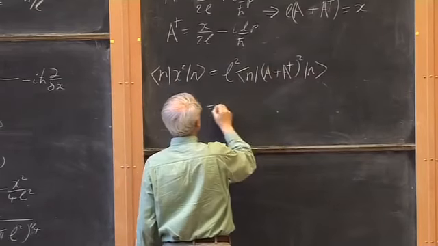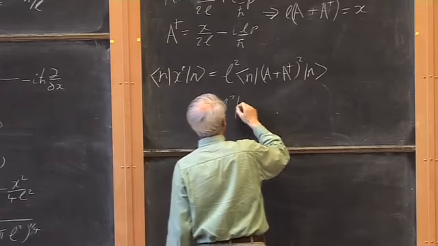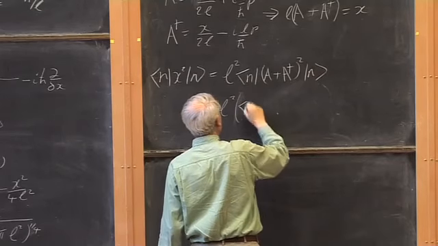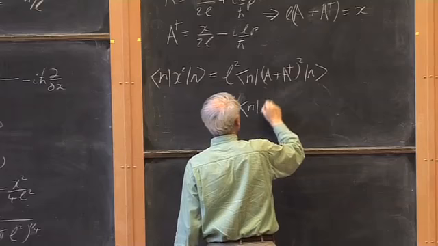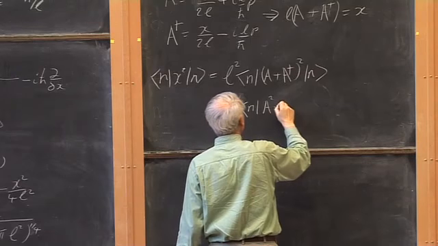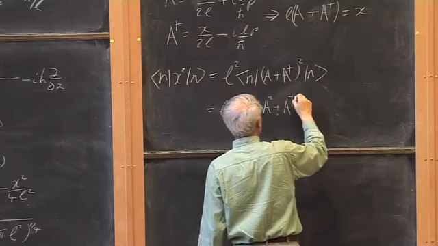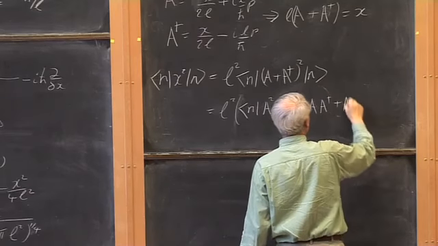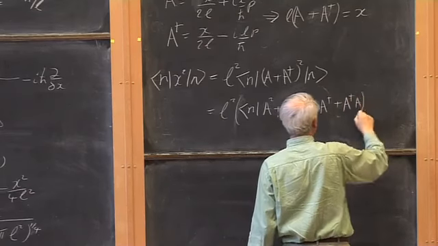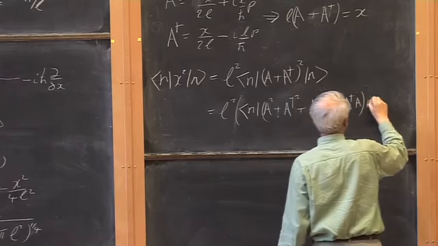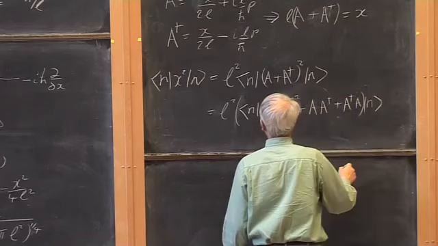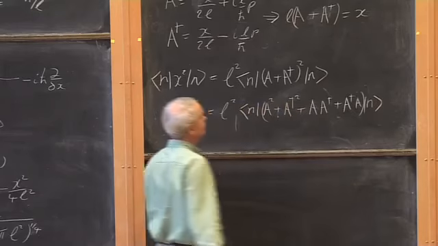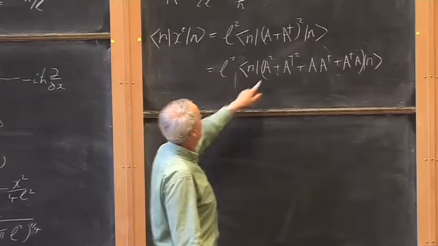Let's multiply this out. It's L squared into n, A squared plus A dagger squared plus A A dagger plus A dagger A, n. Now, what's this?